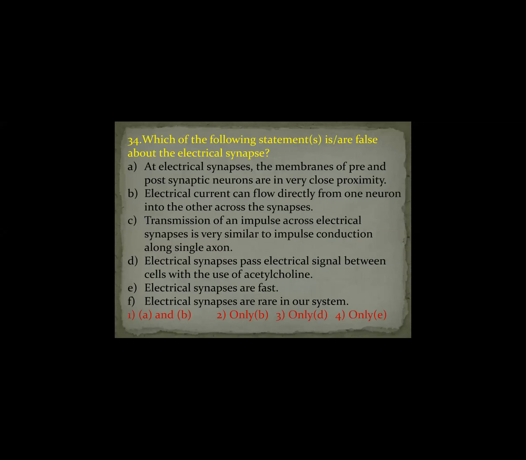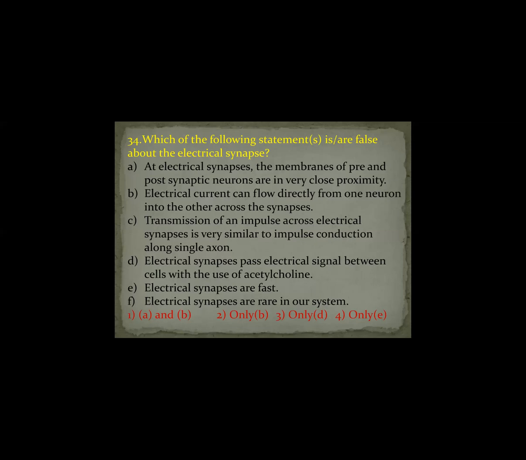The impulse at the axon terminals, the presynaptic membrane, directly jumps to the postsynaptic membrane across the synapse with the help of gap junctions. The gap junctions will be present between the pre and postsynaptic membrane. There is no involvement of chemicals to transmit the impulse from one neuron to another, as in the chemical synapses.